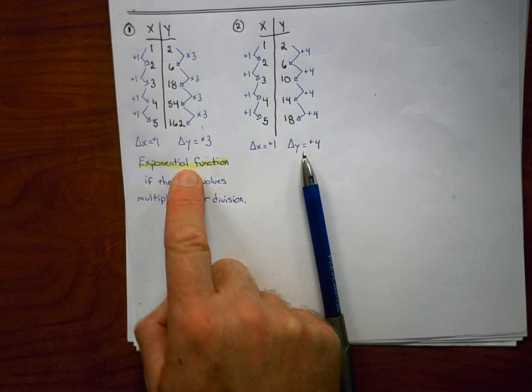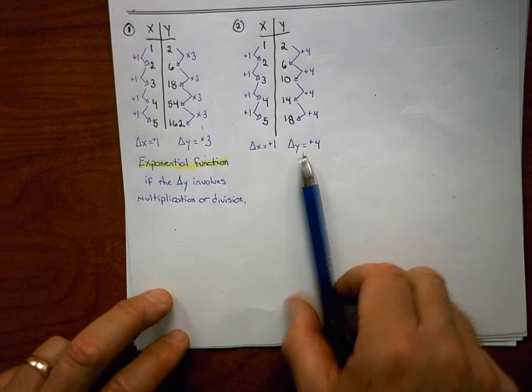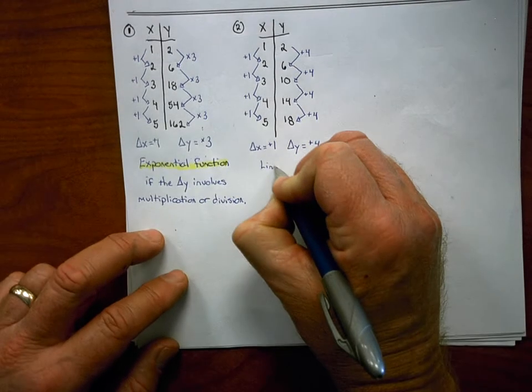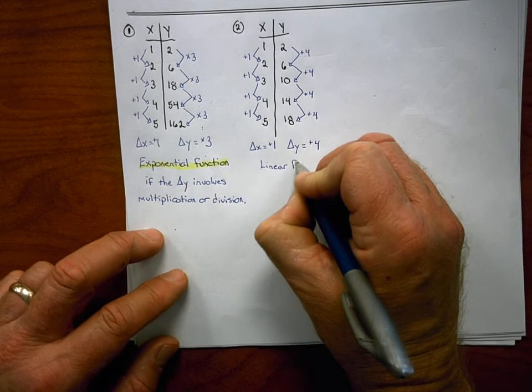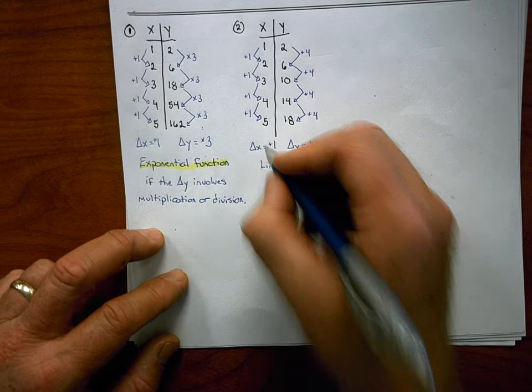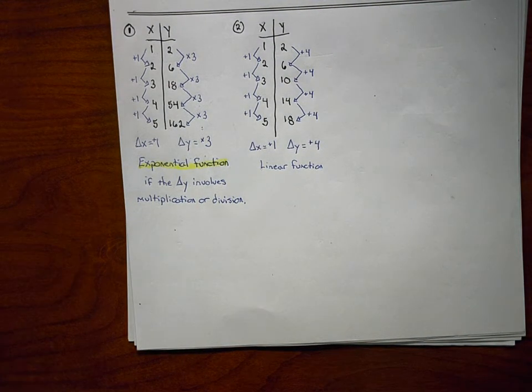So that means it's either linear or quadratic. Which one would you guess it is? Linear. This one's linear. So number 2 would be an example of a linear function. So what does that mean? If I put these points, this data, on a graph, would all the points line up in a line? Yes, they would.